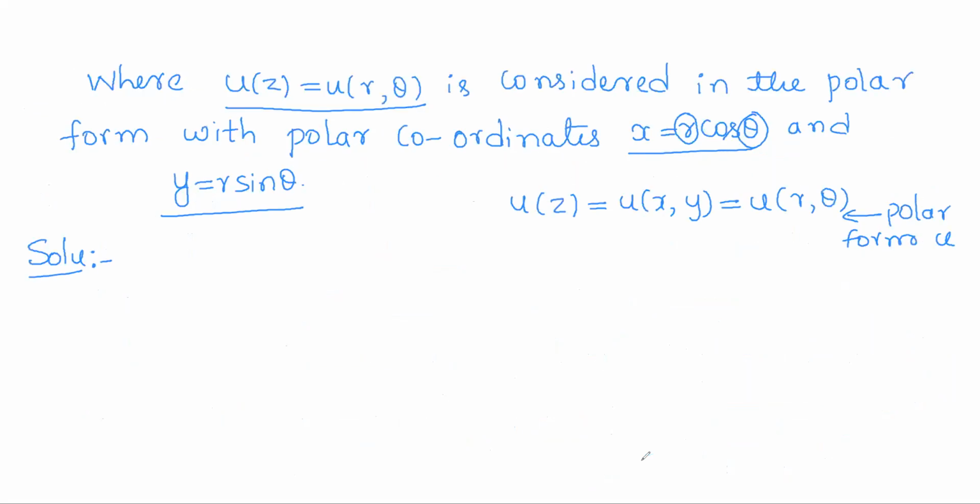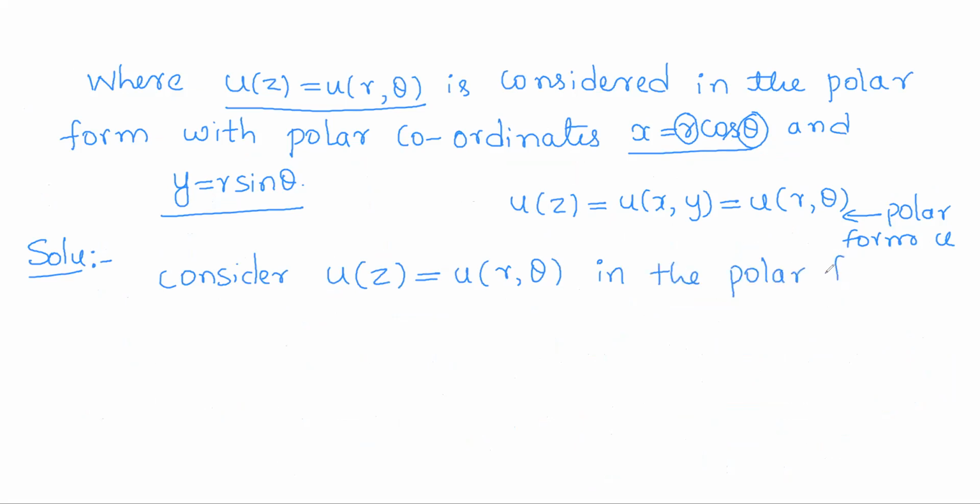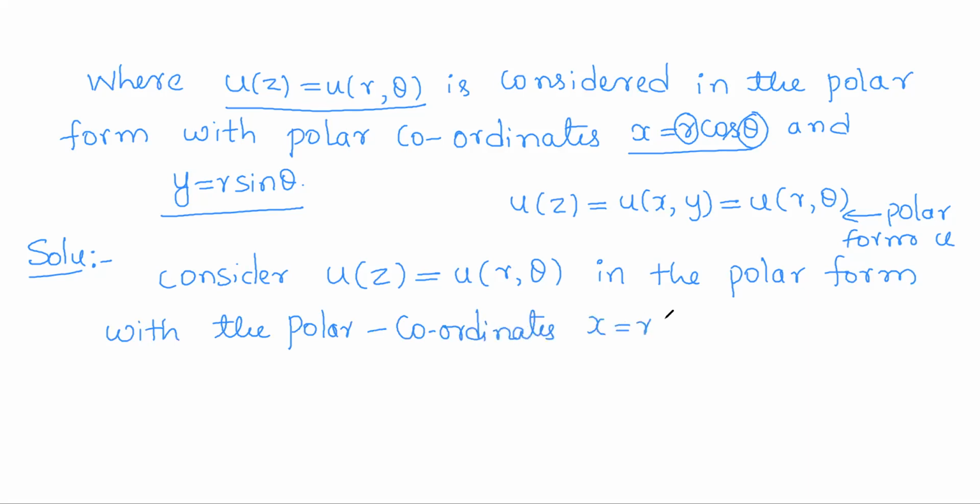So what we'll do first, consider the given function u in terms of polar coordinates. That is, consider u in the polar form, with the polar coordinates x is equal to r cos theta and y is equal to r sin theta.